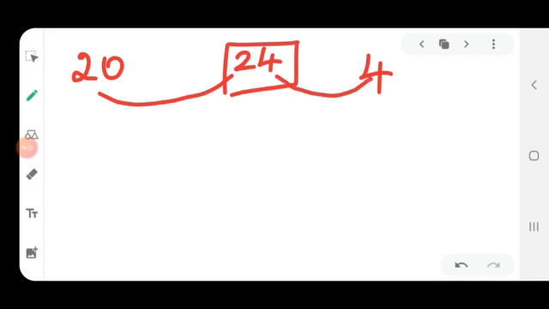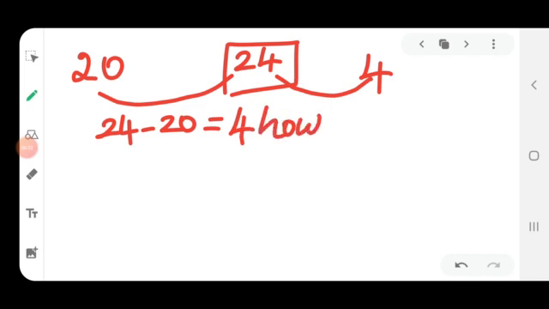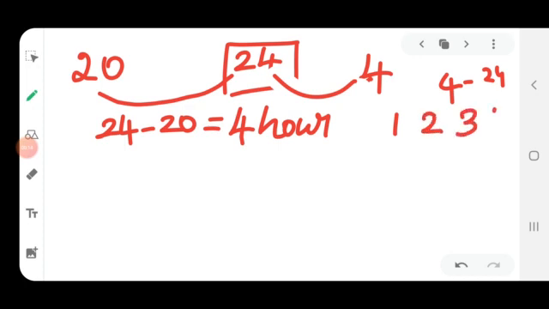The duration between 20 to 24 hours will be 24 minus 20, equal to 4 hours. Now the duration between 24 hours to 4 hours. Listen carefully. Here we should not subtract 4 minus 24, because after 24 hours we have 1 hour, next 2 hour, next 3 hour, next 4 hour.